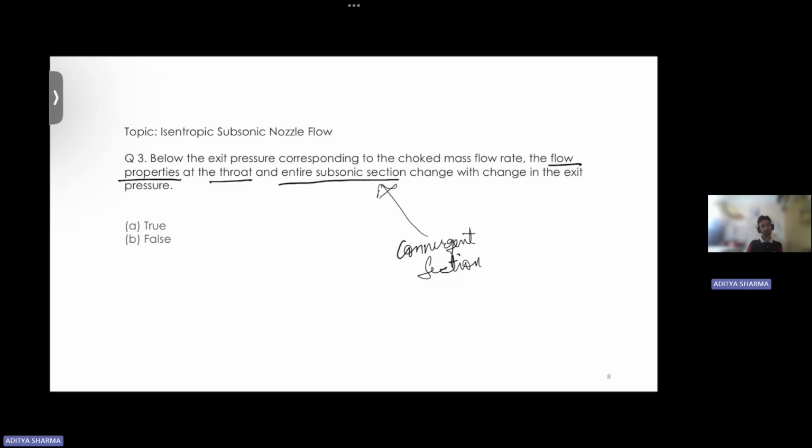So if you see the choked condition, for the subsonic section or the convergent section and the throat, below this PE3 level there is not going to be any change in the properties. This section is going to remain the same as far as the flow properties are concerned.